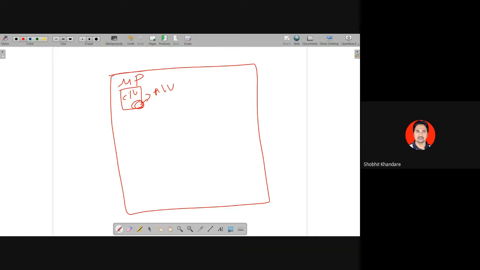This motherboard contains your microprocessor or your CPU, and in the CPU you have ALU.